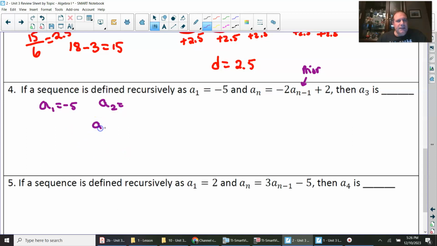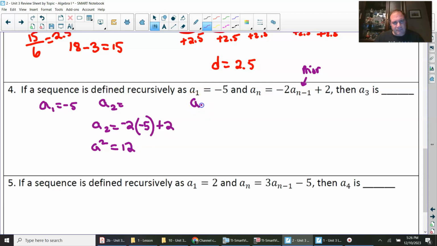So we have to get a sub 2 equals negative 2, following the formula, times a sub 2 minus 1. 2 minus 1 is the prior term, so I'm just going to put the negative 5 in. Plus 2. So a sub 2 is negative 2 times negative 5, which is 10, plus 2 is 12.